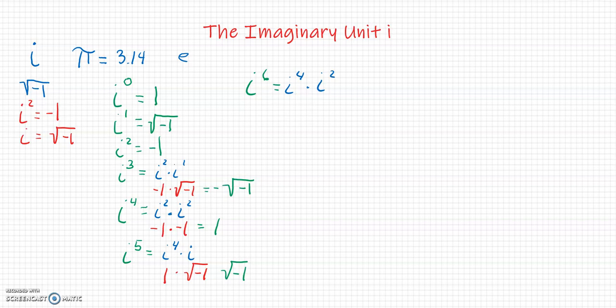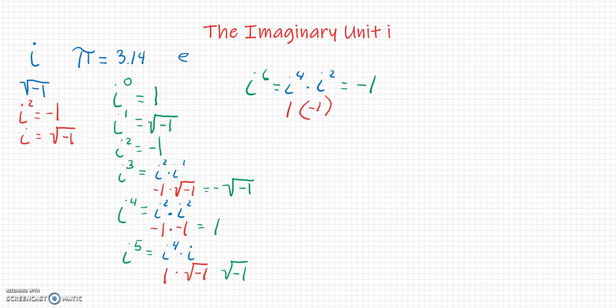Well, i to the fourth, that was 1, and i squared was -1, times -1. So i to the sixth does in fact equal -1.